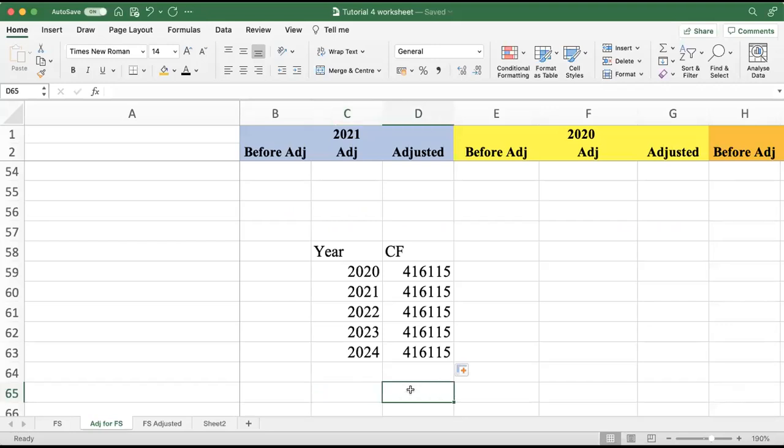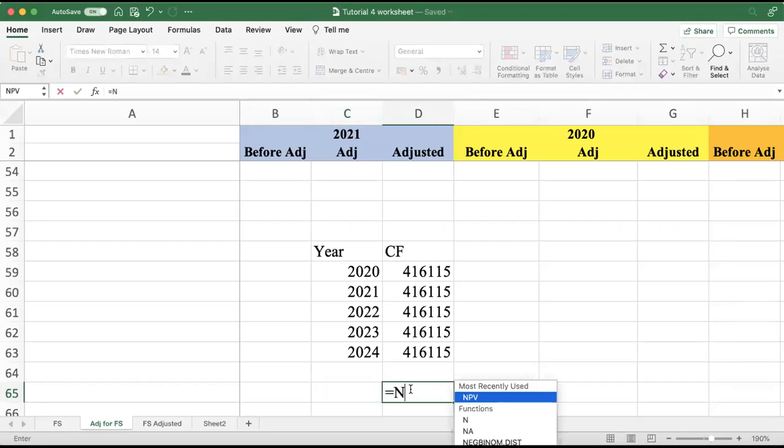So you can calculate the present value of this lease rental. You can apply the PV function. The rate is 12%, and these are the cash flows.